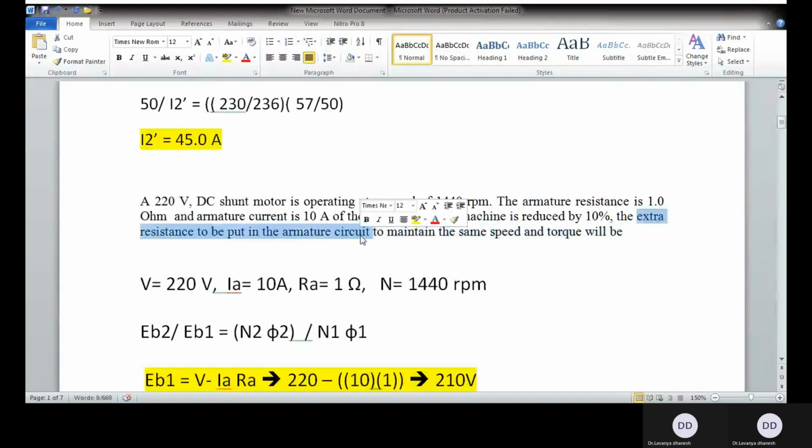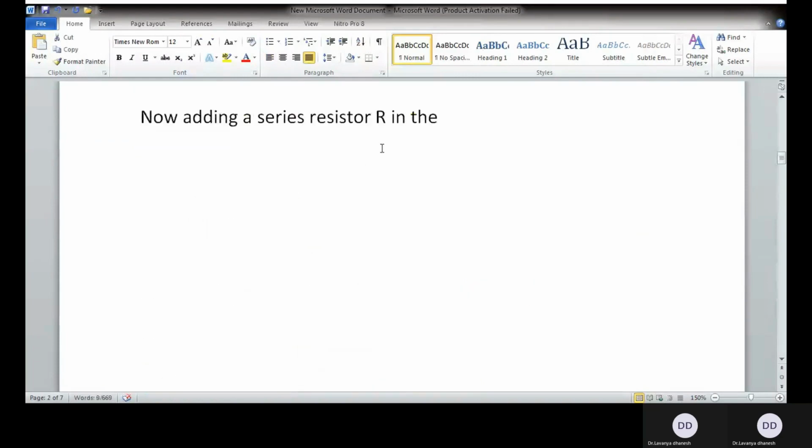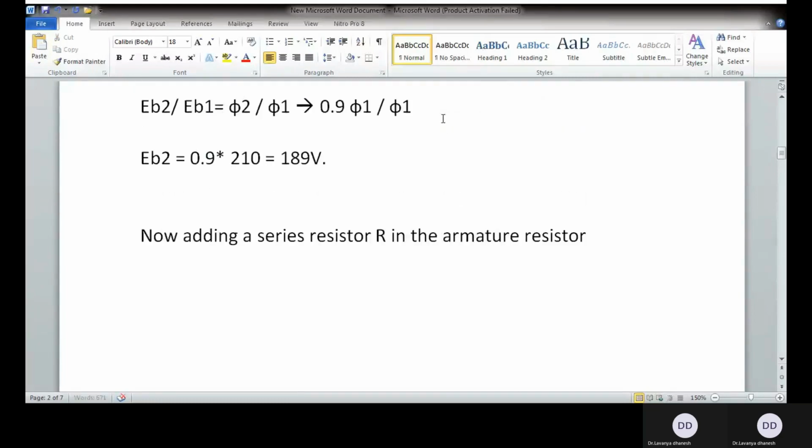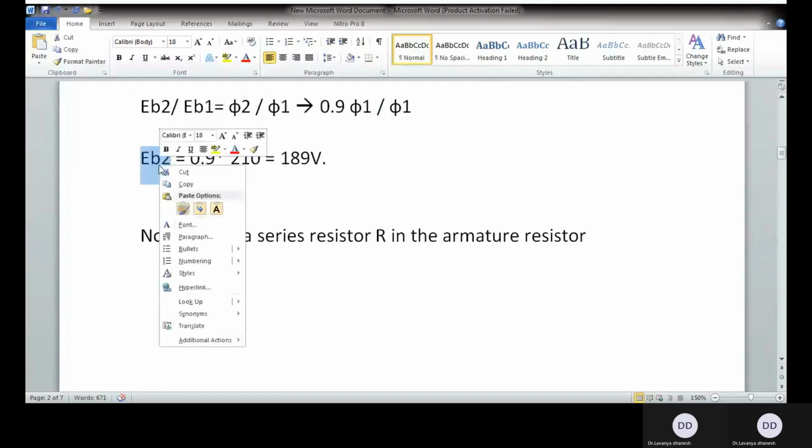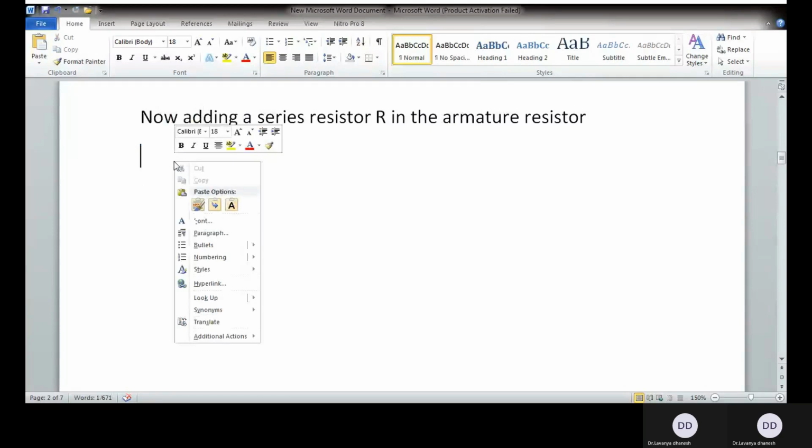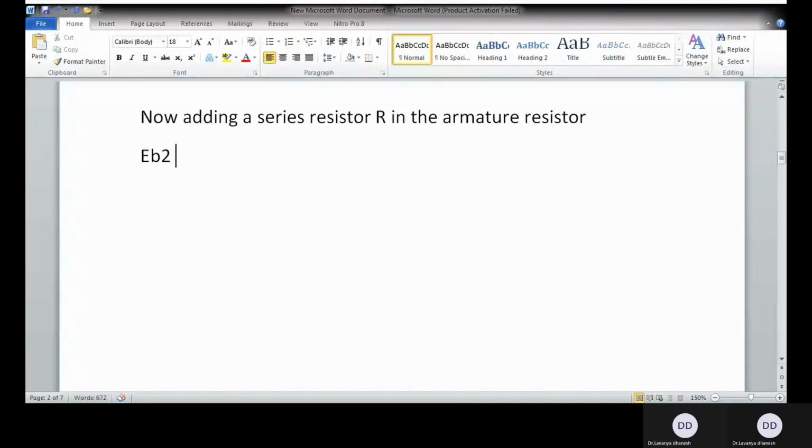So we are going to add a series resistor R in the armature. So the question is given like this: extra resistor to be put in the armature circuit.